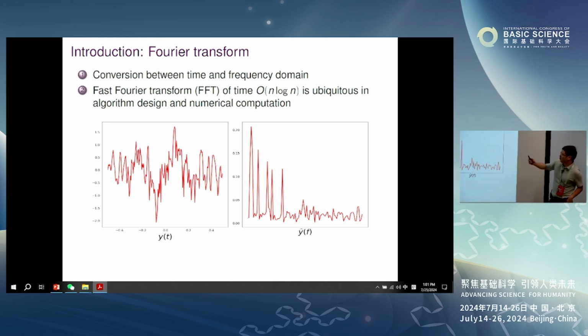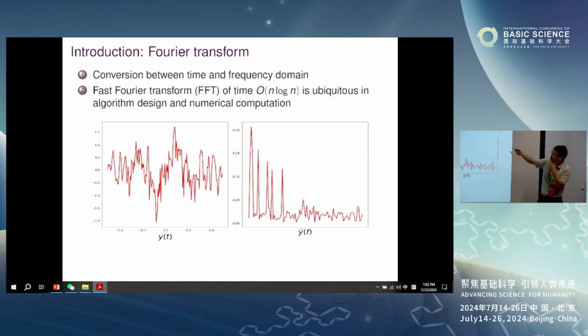One basic fact about the Fourier transform is that the fast Fourier transform algorithm for n points takes time n log n, which is ubiquitous in algorithm design and numeric computation. It has lots of applications in engineering and science. How many of you know this algorithm?